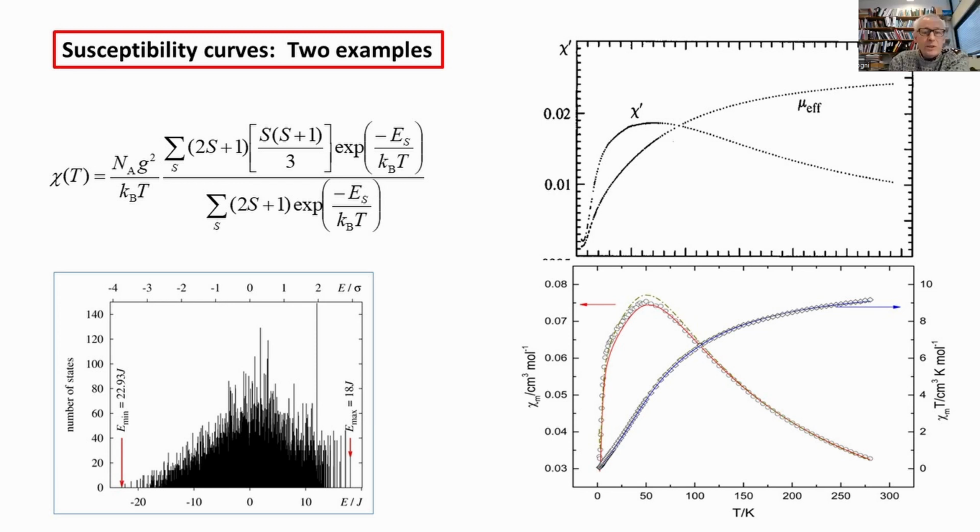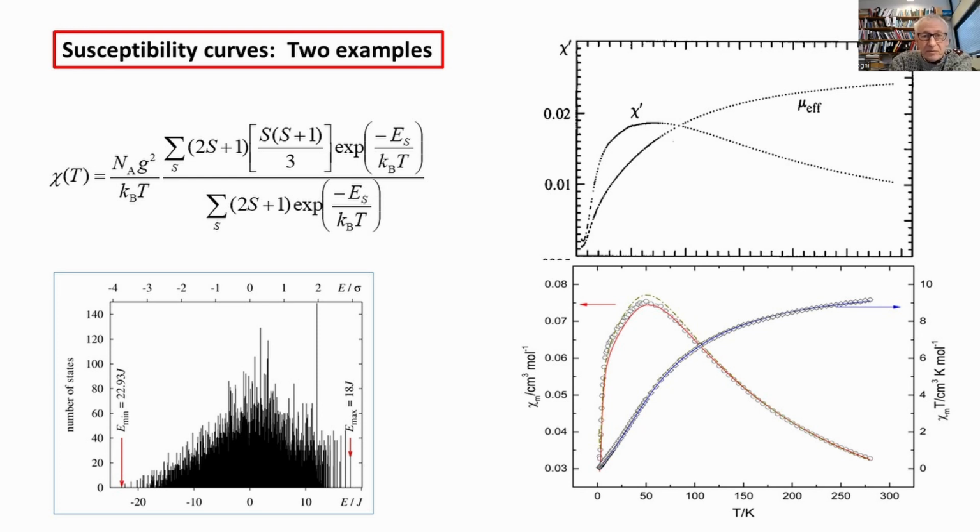See, with certain approximations, you don't need to sum over every energy microstate, but you can sum over all the different total spin values being present.